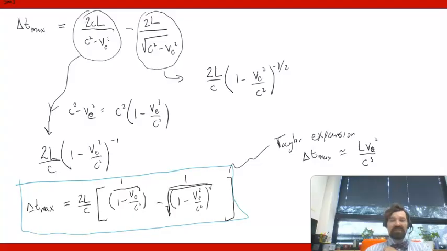What's nice about that Taylor expansion is that this is more obviously the correct units for time than is this. Although if you look here, you can see you have a length divided by a speed, that's a time, 1 minus a speed squared over a speed squared, that's unitless.